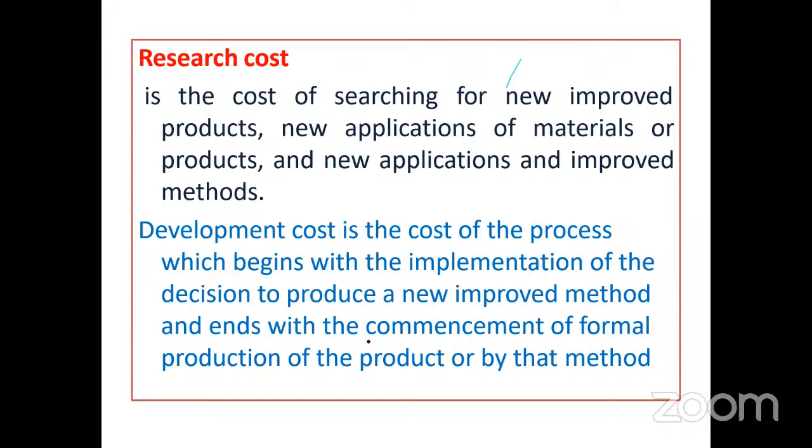So development cost is the cost of the process which begins with the implementation of the decision to produce a new improved method and ends with the commencement of formal production of the product by that method.